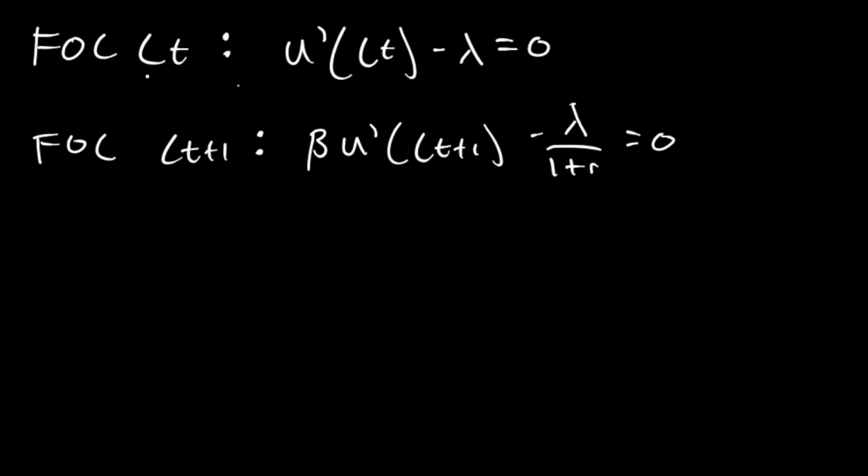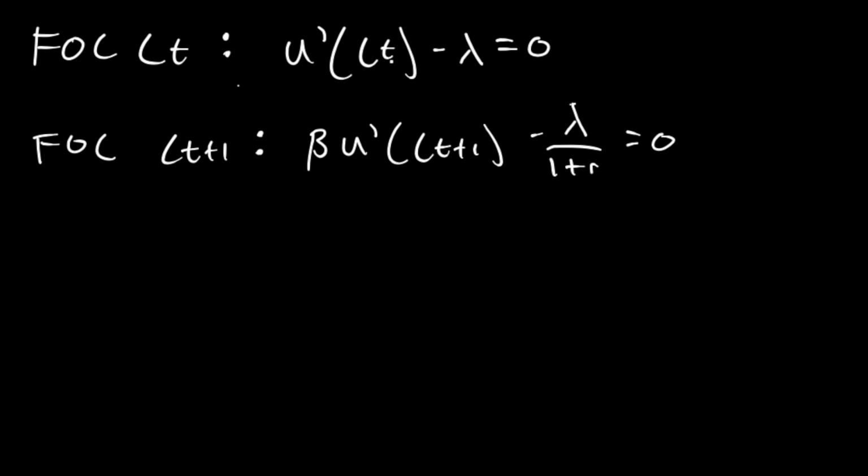Now we've taken the first order conditions with respect to consumption, and we end up here. Just from rearranging these two equations, we will then get to our Euler equation, which is the optimum condition for consumption. All we have to do at this point is some simple algebra to get there.